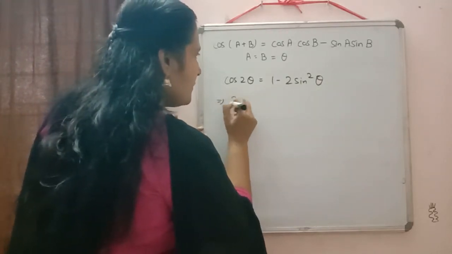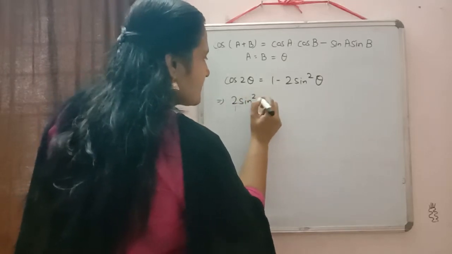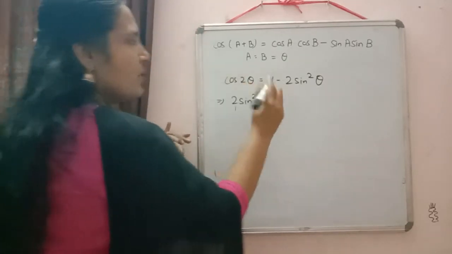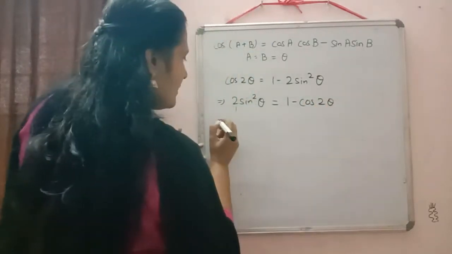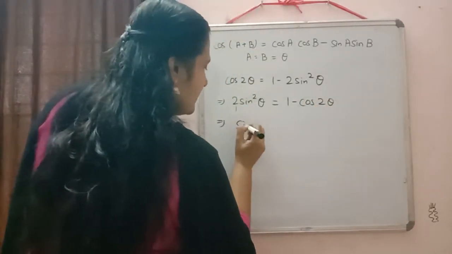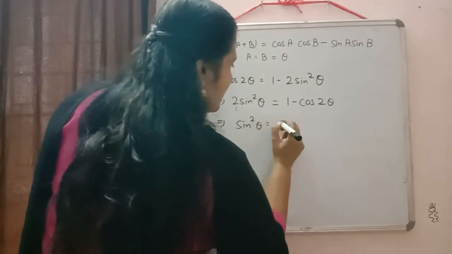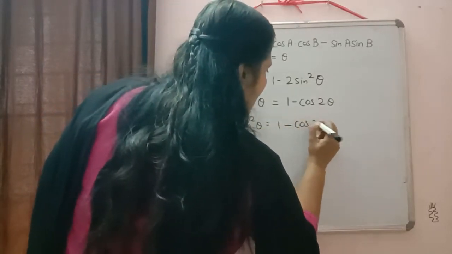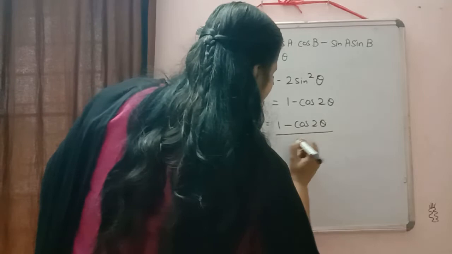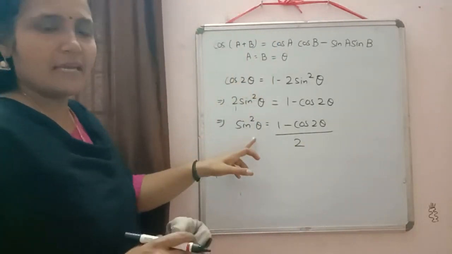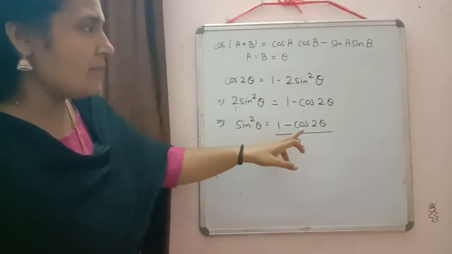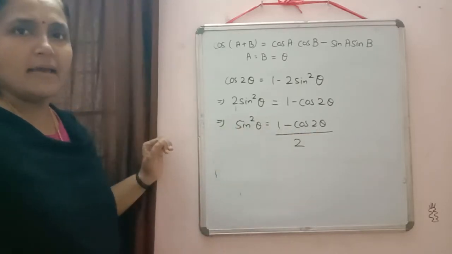Then it will be equal to 2 sine square theta is equal to 1 minus cos 2 theta. Then it will be equal to sine square theta is equal to 1 minus cos 2 theta by 2. So from here only sine square theta we can rewrite as 1 minus cos 2 theta by 2.